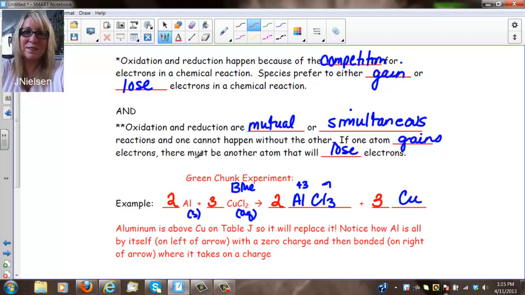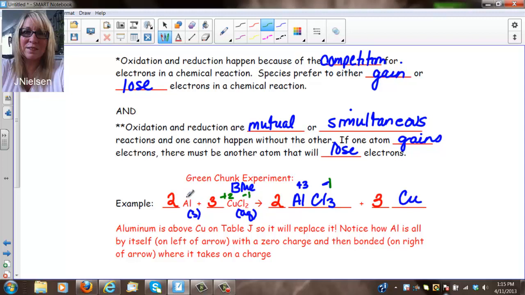Now, let's finish assigning oxidation states to these. I already assigned the +3 and the -1 to the chlorine. Over here, I've got copper that is +2. This 2 came from here, and my chlorine is -1.